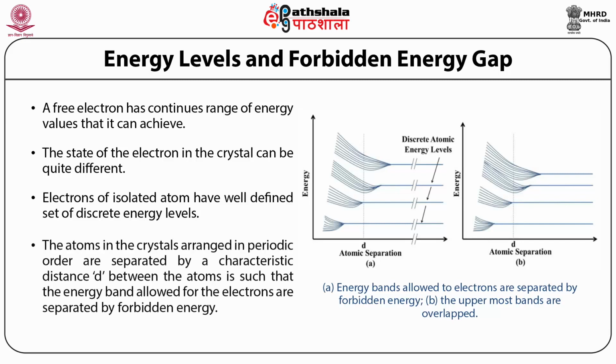So the atoms in the crystals are arranged in the periodic order, separated by a characteristic distance represented by d. Between the atoms, the energy bands which are allowed for the electrons are separated by forbidden energy.